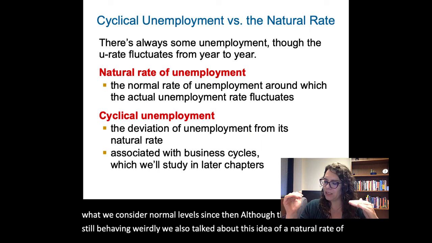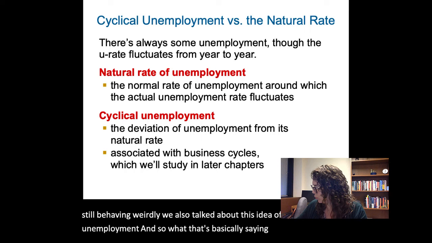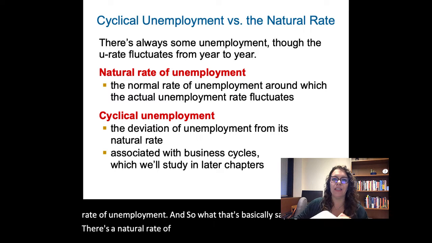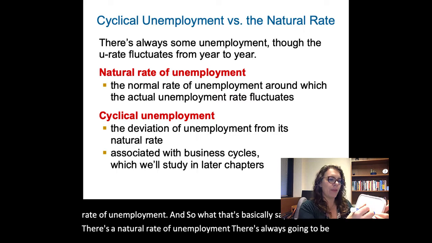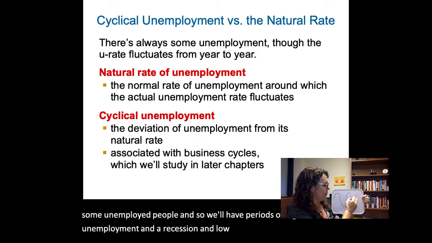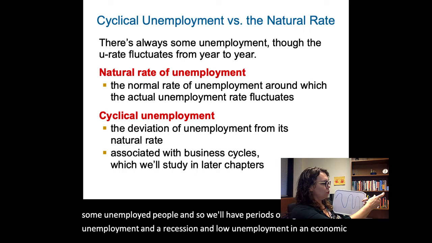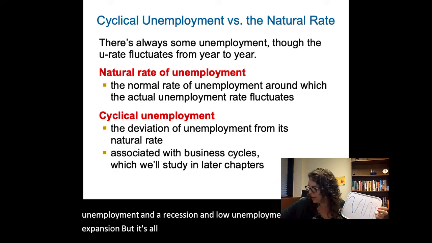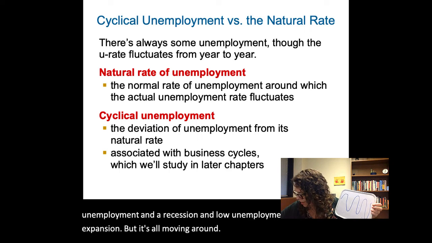And so what that's basically saying is there's a natural rate of unemployment. There's always going to be some unemployed people. And so we'll have periods of high unemployment in a recession and low unemployment in an economic expansion, but it's all moving around a natural rate of unemployment.